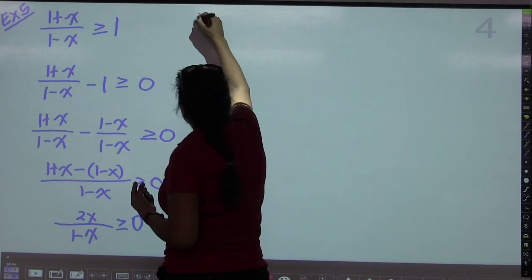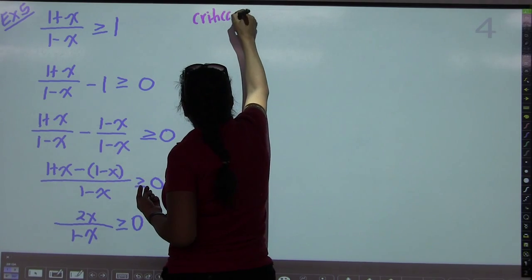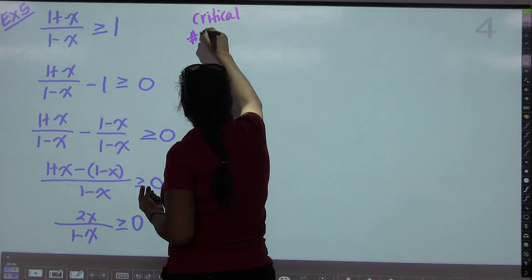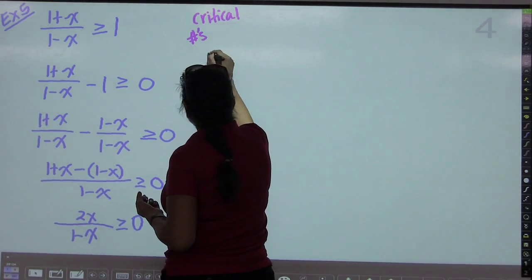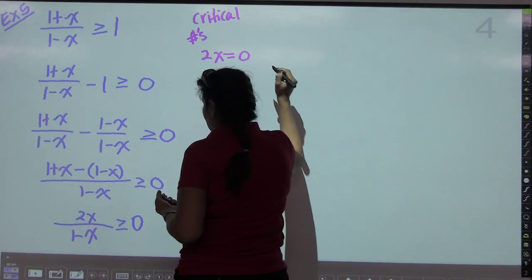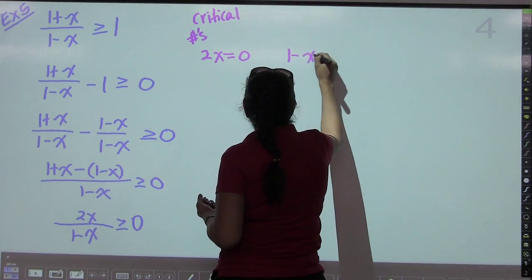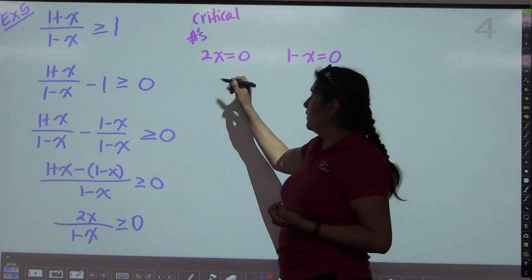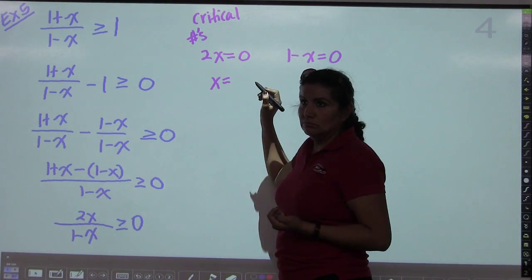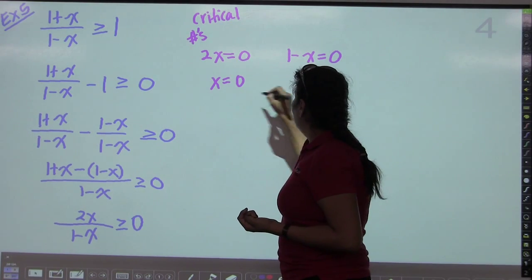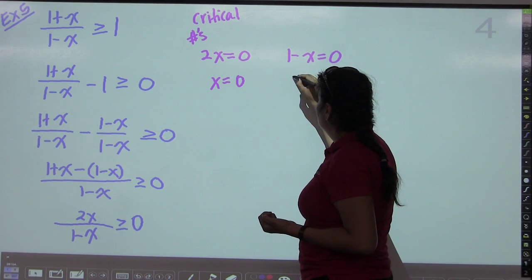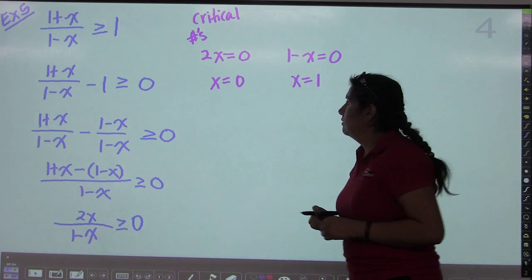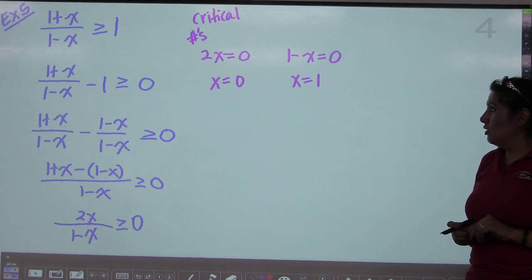So we're going to do the top, which is 2x equals 0, and we'll do the bottom, 1 minus x equals 0. So I'm going to get x equal to 0. And over here, if I add the x over, x will equal 1. Those are my two critical numbers, 0 and 1.